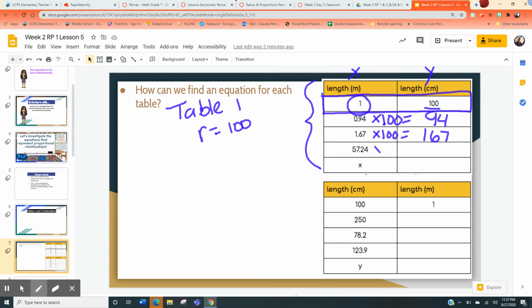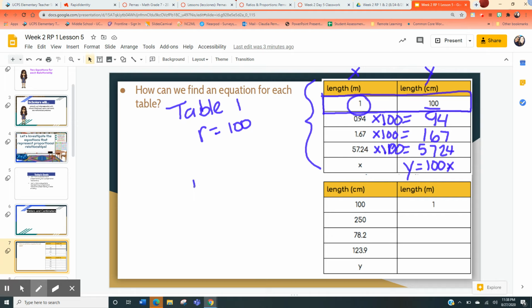Then I would have 57.24 times 100, and that would give me 5,724. Sorry. And our equation for this would be y equals 100x.